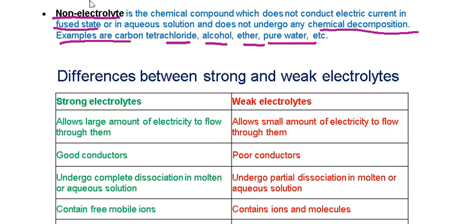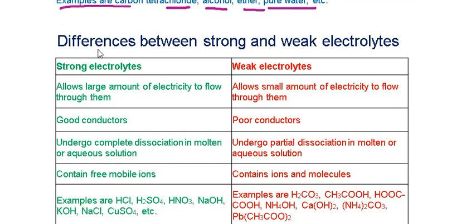And now you can see on the screen the difference between strong and weak electrolytes. Strong electrolytes allow a large amount of electricity to flow through them, and weak electrolytes allow a small amount of electricity to flow through them. Strong electrolytes are good conductors, weak electrolytes are poor conductors.